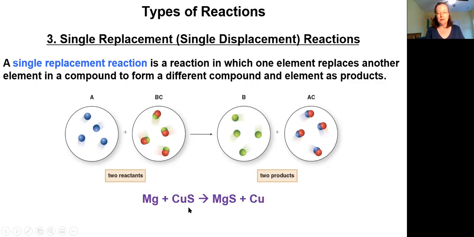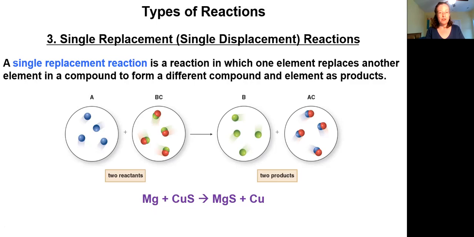Magnesium plus copper(II) sulfide forms magnesium sulfide and a neutral copper atom. This single element is becoming part of a compound. This compound broke apart, and now we have copper all alone. This is an example of a single displacement reaction.